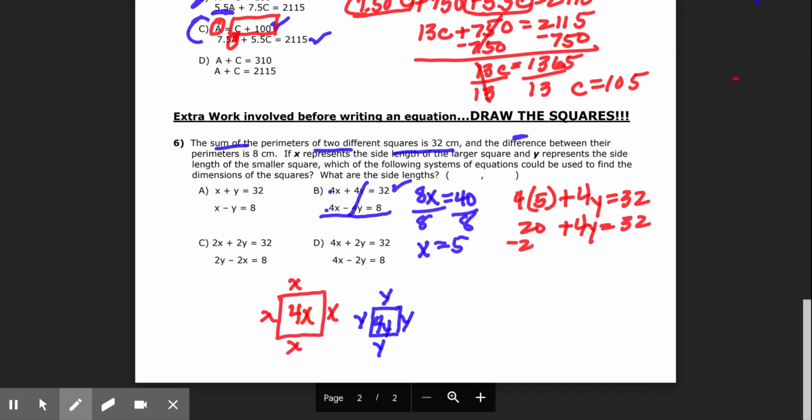Subtract 20 from both sides. So 4y equals 12. And then divide both sides by 4. And y is equal to 3. So, as an ordered pair, your x is 5 and your y is 3.